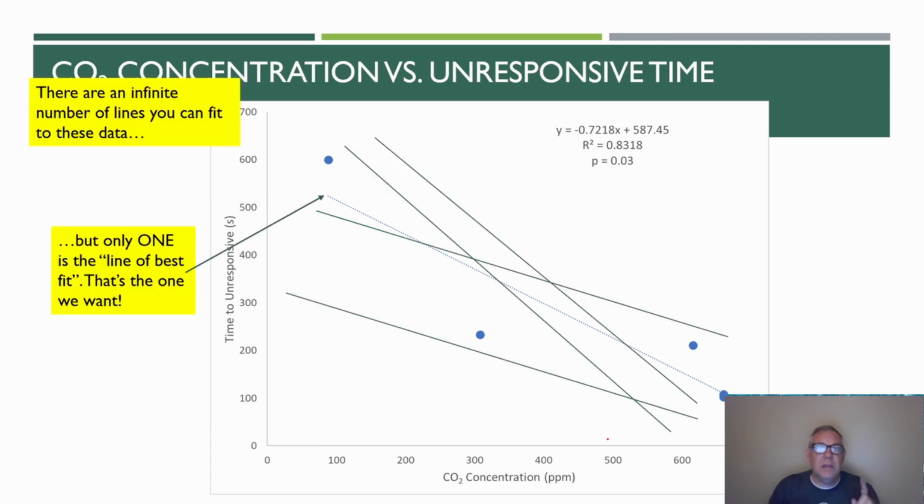There are an infinite number of lines that can relate the CO2 concentration to the unresponsive time. So I can draw any line and come up with a way to relate them, but there's only one best line. What makes it best? It minimizes the sum of squares. Remember we talked about the sum of squares when we did variability?